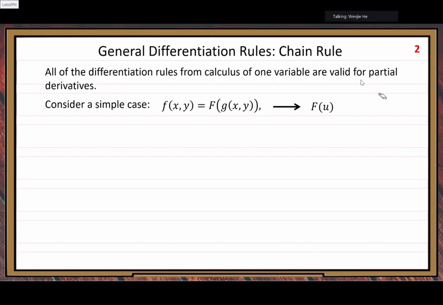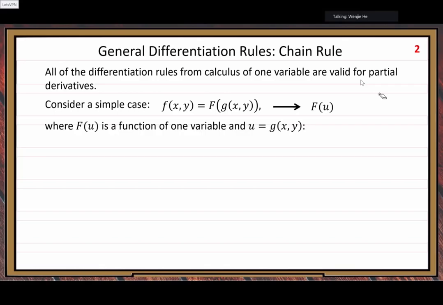The u variable equals a two-variable function g of x and y. So let's look at the specific form of the chain rule of partial derivatives. Capital F is a differentiable function.